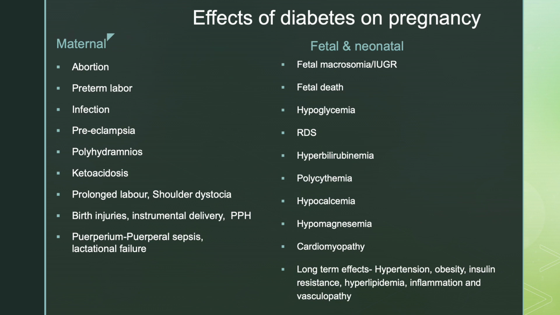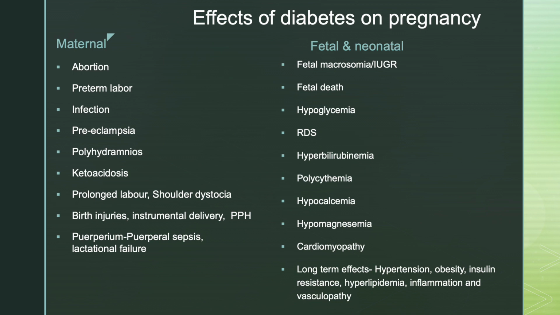She is more prone to other complications like antepartum hemorrhage, both due to placenta previa and abruption. Abruption is due to the increase in the incidence of polyhydramnios, and the more incidence of preeclampsia makes her more prone to abruptio placentae.